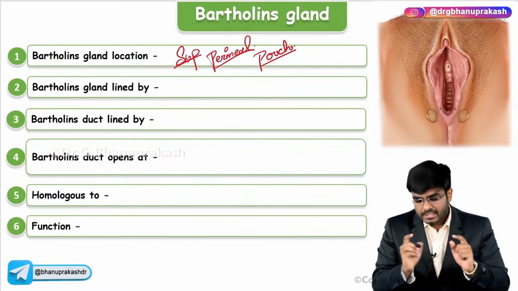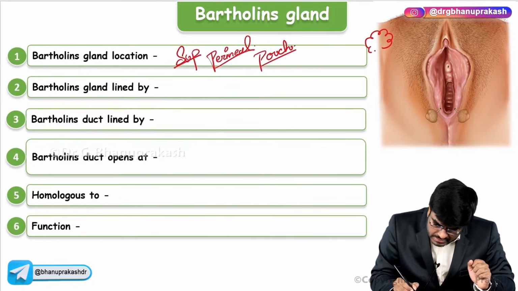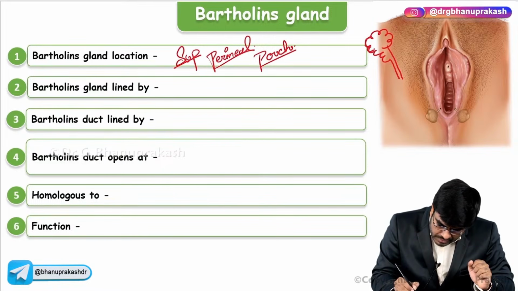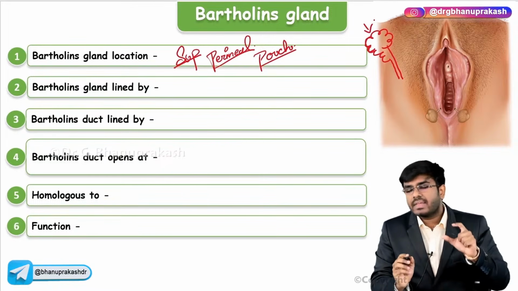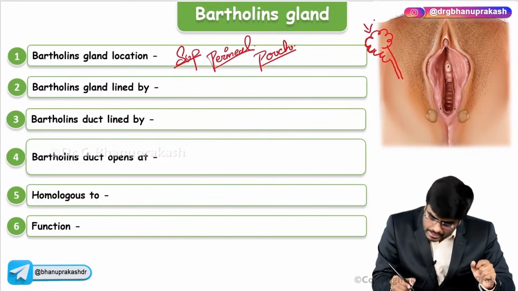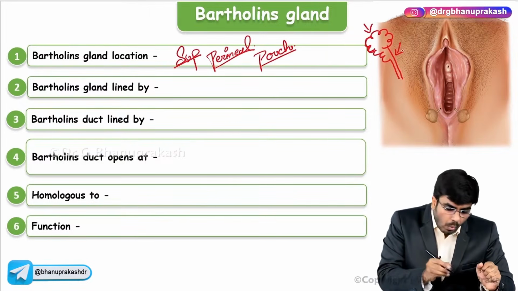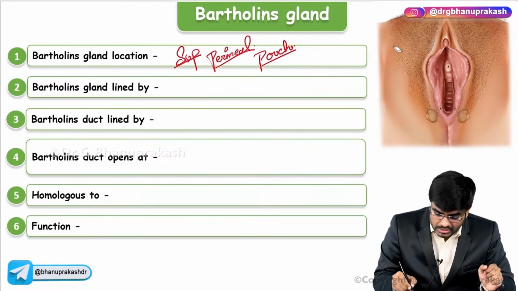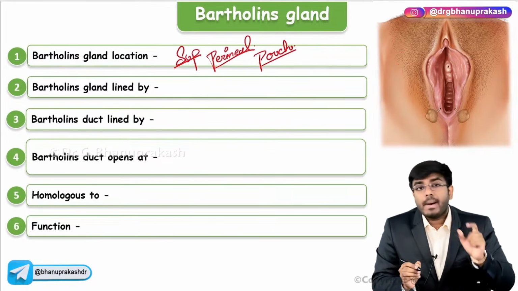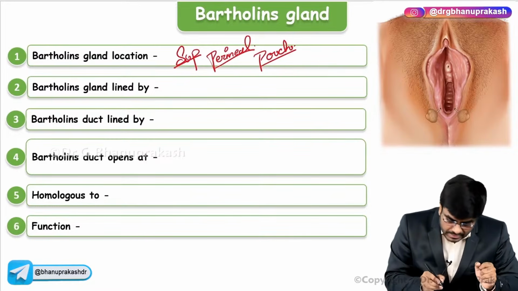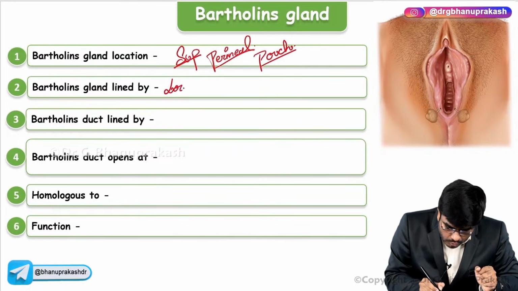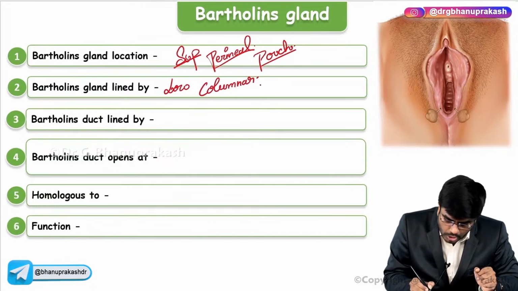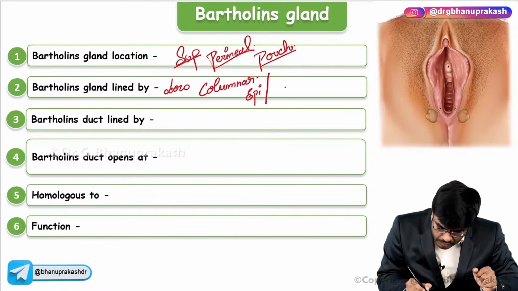Now if this is the Bartholin's gland, definitely there is this acini, which I am showing you right now. This is the acini of the gland, which is the actual gland part, and this is the duct of the gland. Now the question that they are going to ask you is, Bartholin's gland is lined by low columnar epithelium, or even sometimes the gland can be lined by cuboidal epithelium.